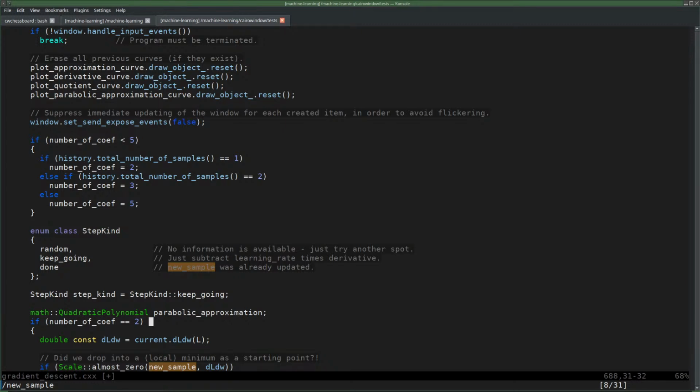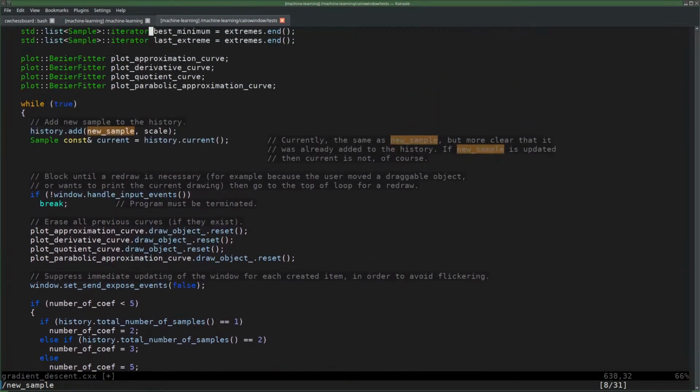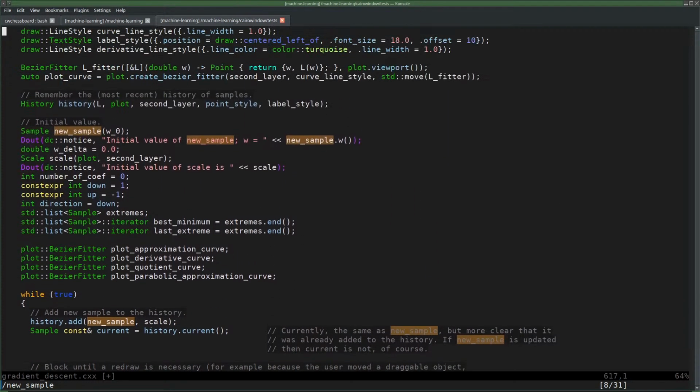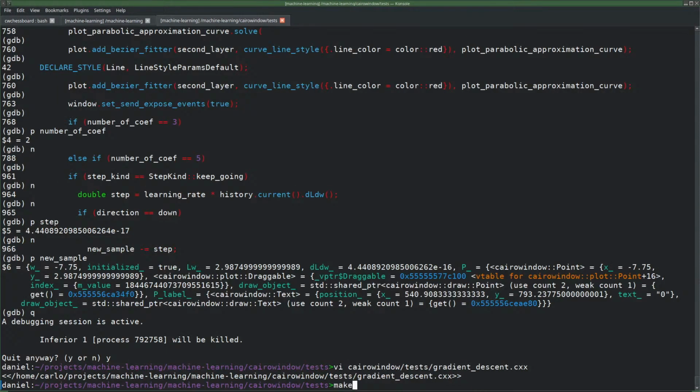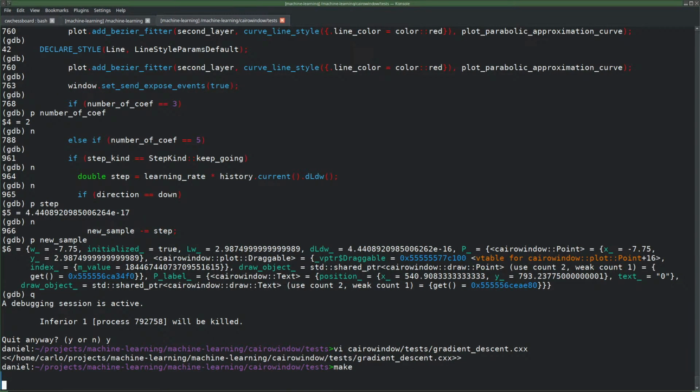Oh yeah, most definitely. So I initialized a new sample with the very first value, which I just set at -7.75, which is in the minimum exactly already. Everything looks good. Now it should definitely detect that we have a problem.